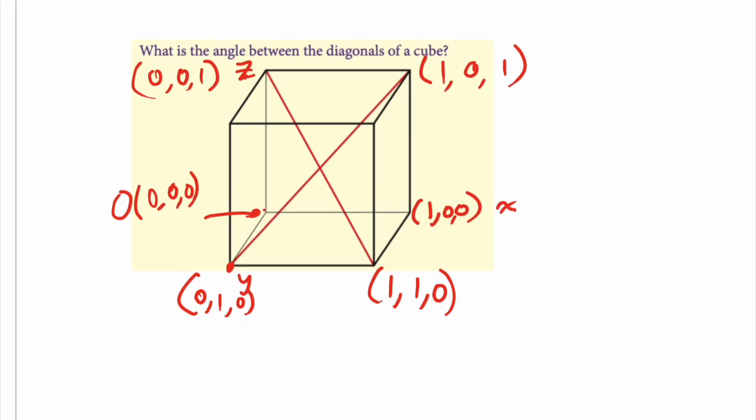So we can actually figure out the angle now by doing this formula. Cosine theta equals, so actually let's make a vector here.